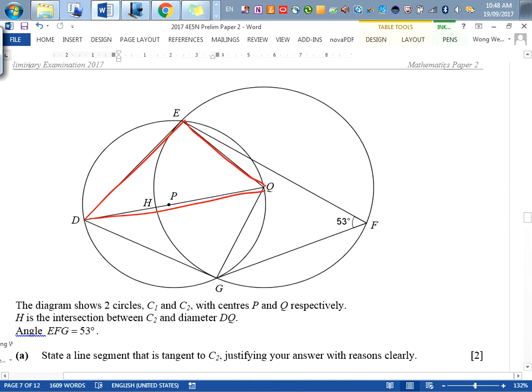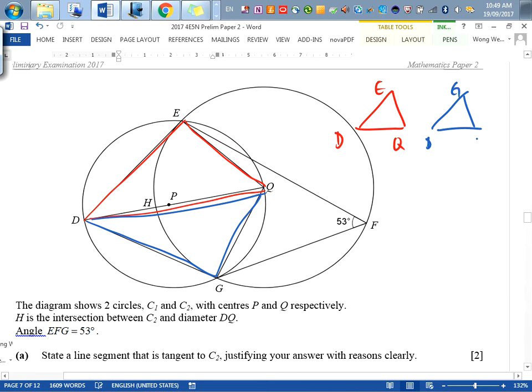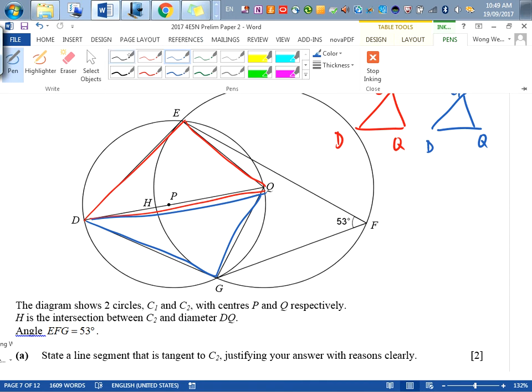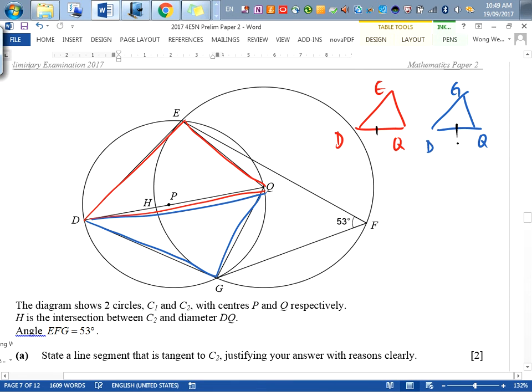So, like always, we draw the two triangles, DEQ first. And the other triangle, we draw in the same orientation and same size, DGQ. Then we label down whatever information we already have. For example, DQ and DQ are the same, right? So you know that one side is the same already.